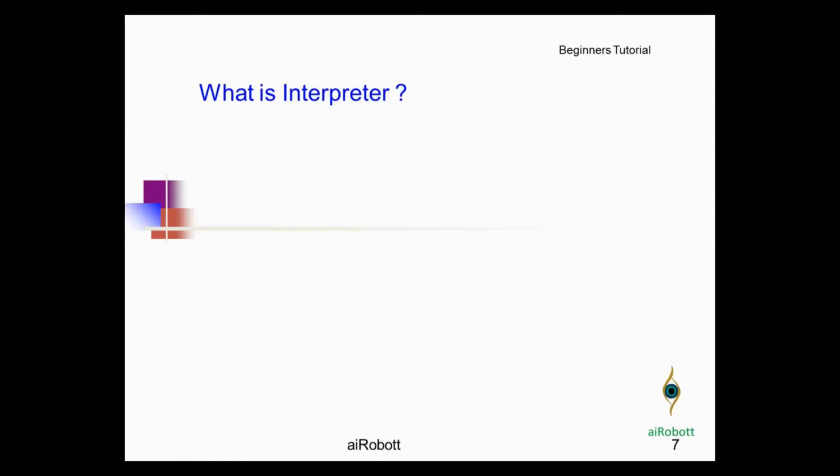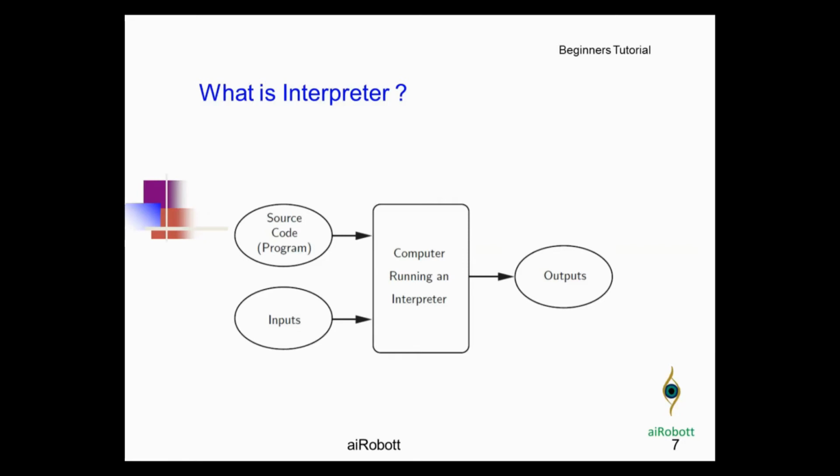Let's see what an interpreter is. Here is a computer running an interpreter. If you give source code, that means a program, to the computer, the interpreter interprets the program.